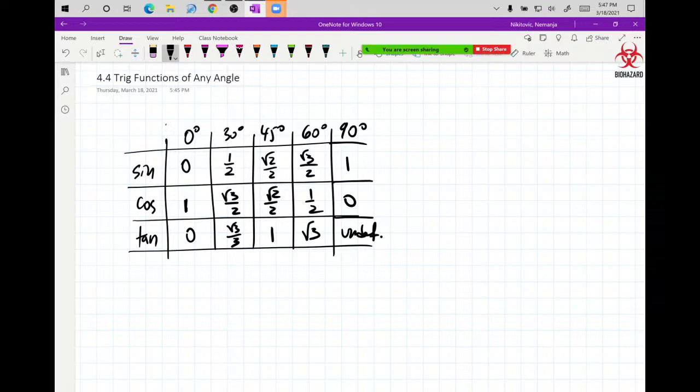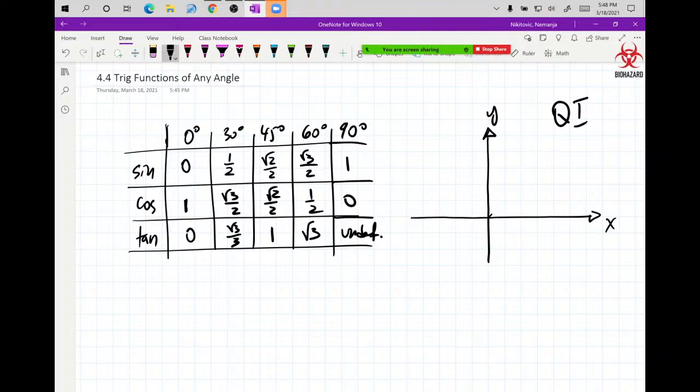As you can see, all the values for this chart are in the first quadrant. When you are dealing with the graph x and y, the first quadrant, Q1, is this one.